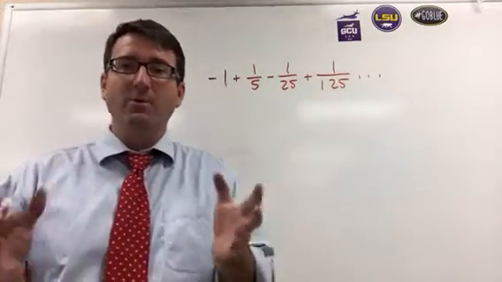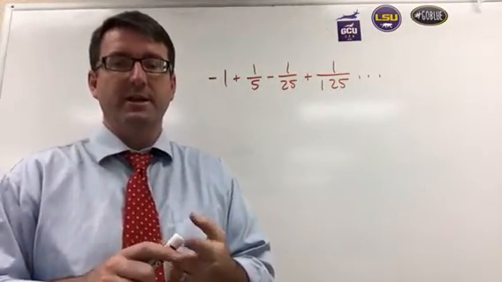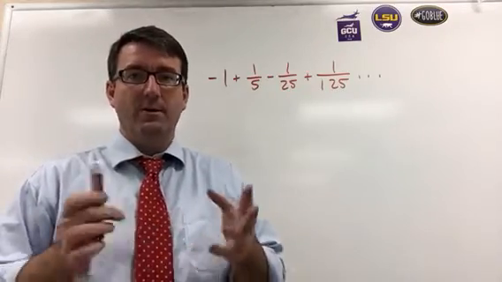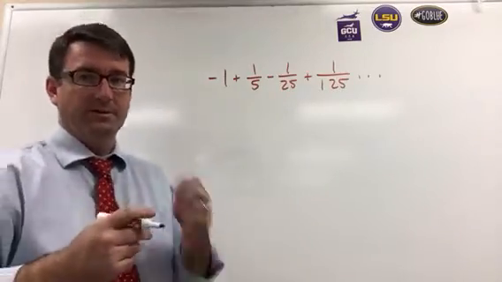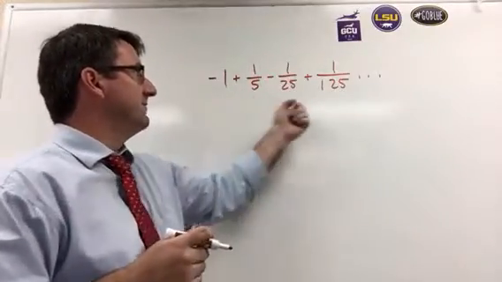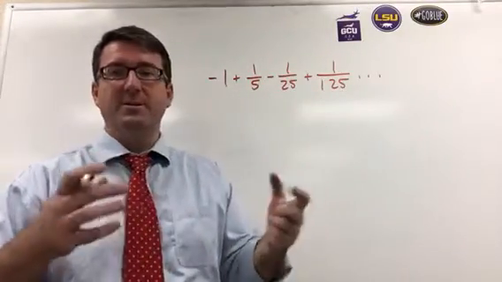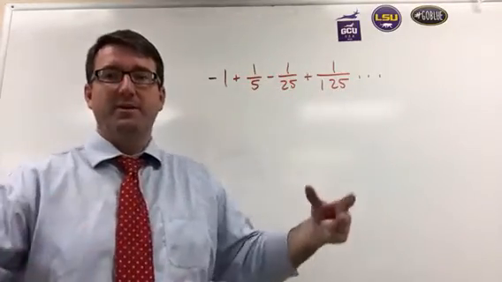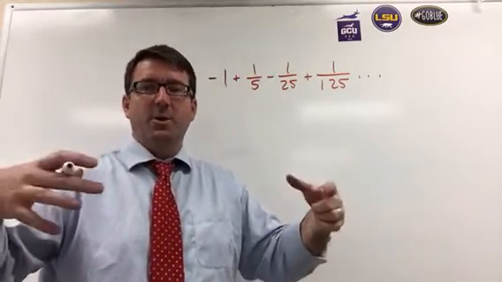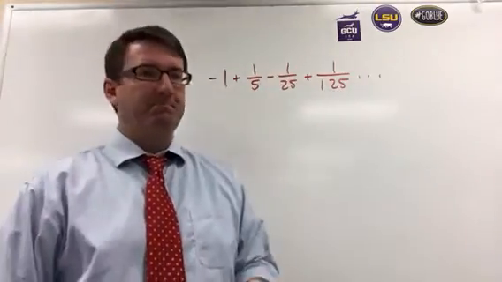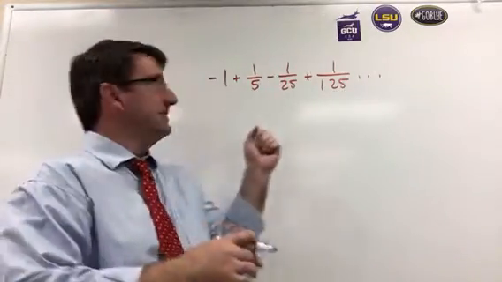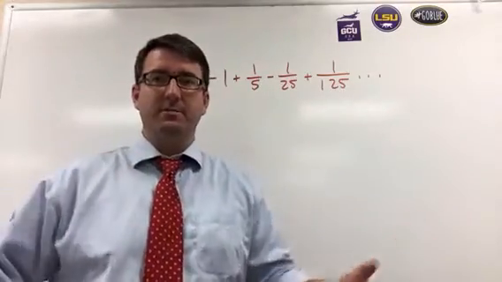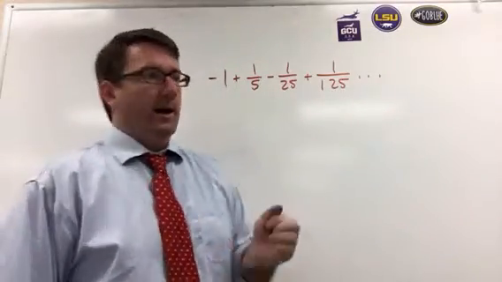And now this can only work with a geometric series where the common ratio is less than 1, or the absolute value of the common ratio is less than 1. And the reason for that is if the ratio is bigger than 1, then each term is going to be bigger than the last. And so these numbers are just going to keep getting bigger, and the sum of all of the numbers is going to keep getting bigger.